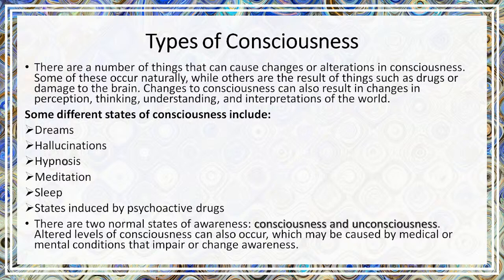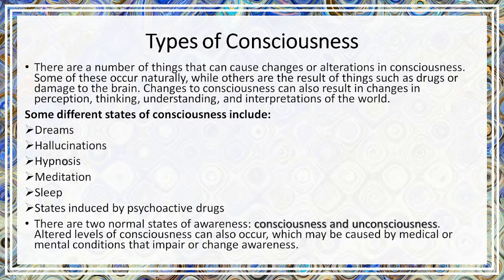Types of consciousness. There are a number of things that can cause change or alteration in consciousness. Some of these occur naturally, while others are the result of things such as drugs or damage to the brain. Changes to consciousness can also result in changes in perception, thinking, understanding, and interpretation of the world.